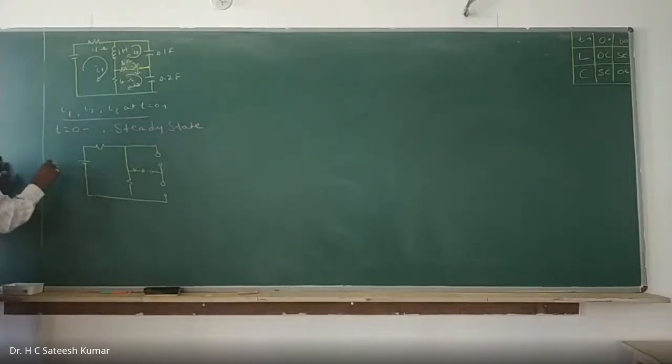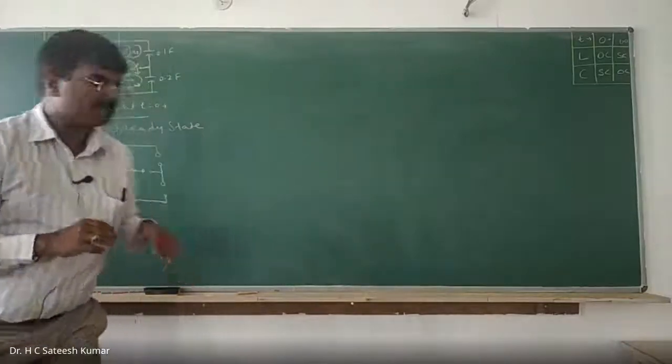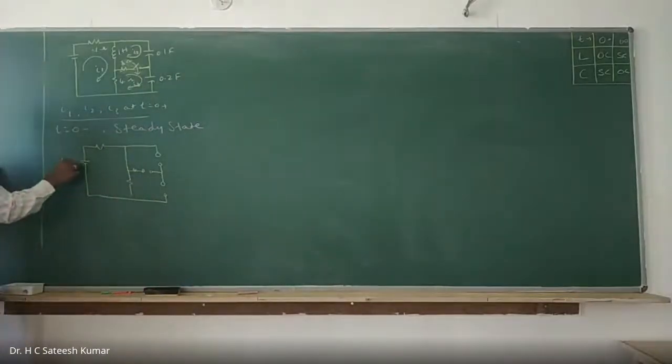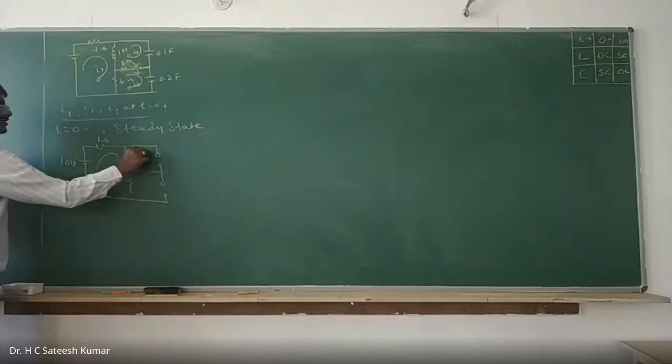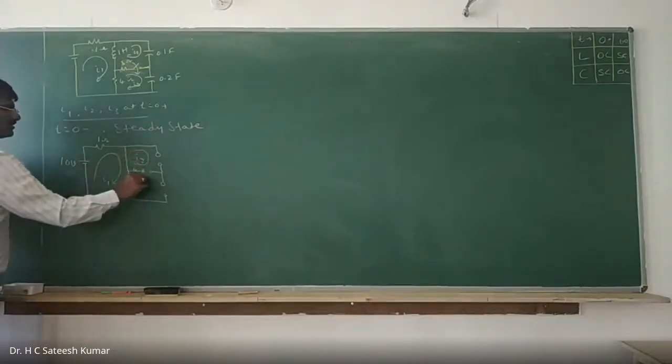Okay, right. So now this voltage, 10 volts, and this is 1 ohm, and this is short circuited. Now observe. This is your I1, this is your I2, this is your I3.